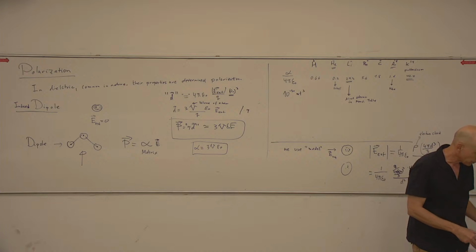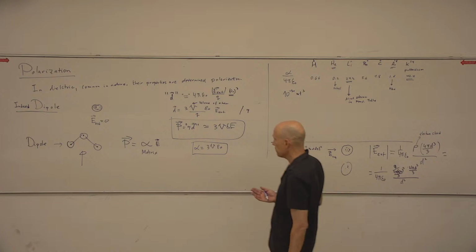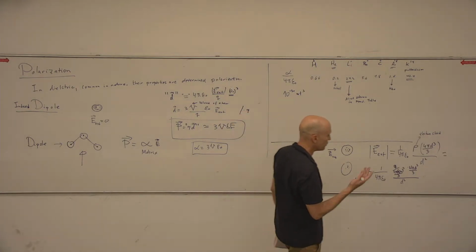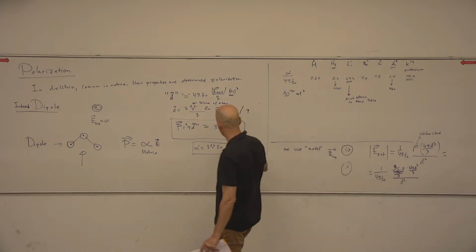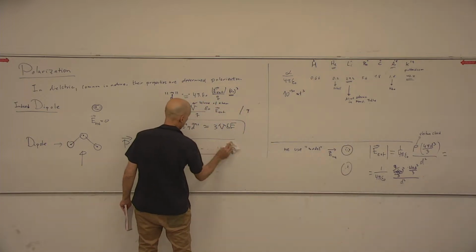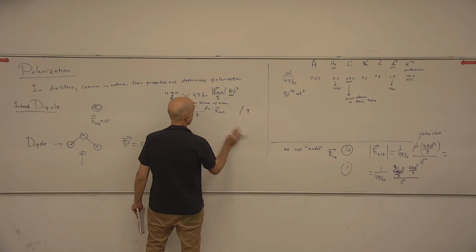Again, the main message is that this alpha depends on the material, so different systems behave very differently when you apply an external constant field. Okay, so this is the induced dipole of atoms.